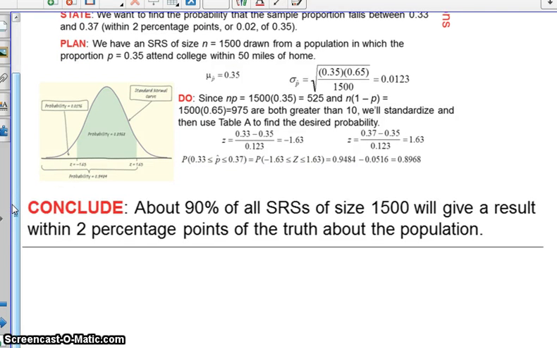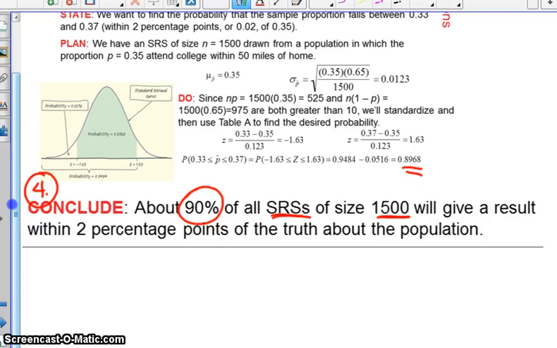So finally, the last thing we do in our 4-step plan is our conclusion. 0.8968, so about 90%. Now notice when we start dealing with conclusions and describing what's going on here, we change it back to a percent. It's easier for people to understand when you say 90% rather than 0.8968. So about 90% of all simple random samples of size 1,500.